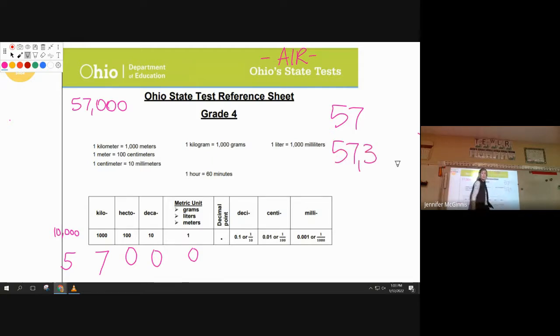Is that going to be my number like this? No. How many hundreds are there in the number 57,003? 0. So do you have to write the 0 to hold that place? Yes. 57,000. No hundreds. No tens. 3 ones.